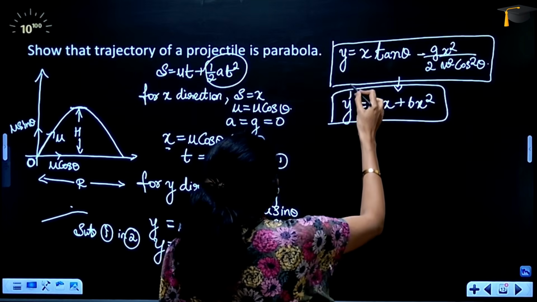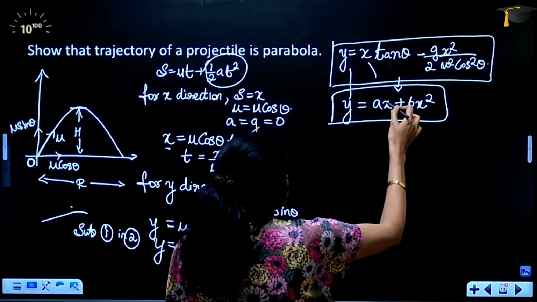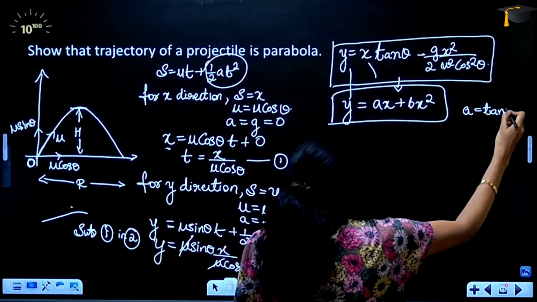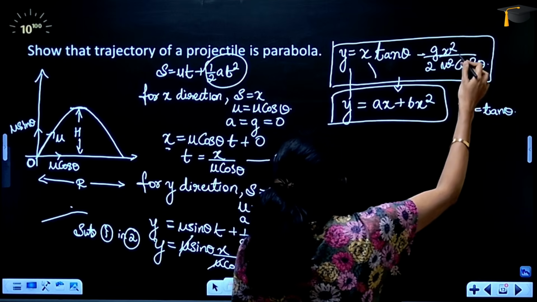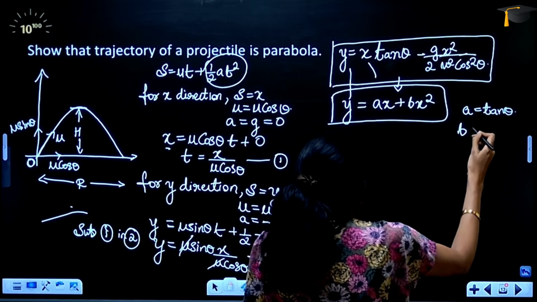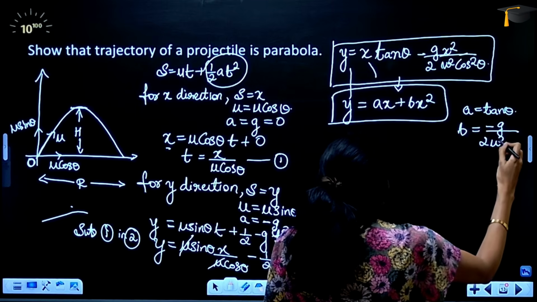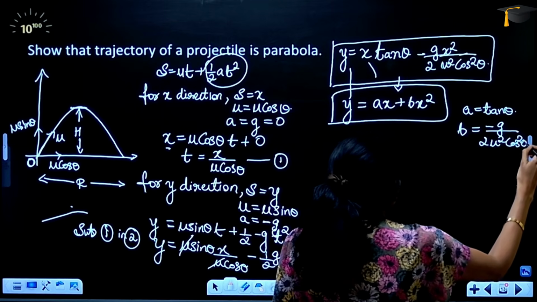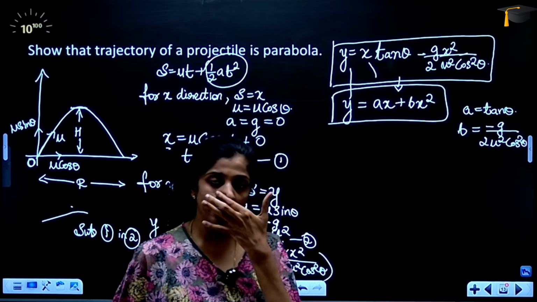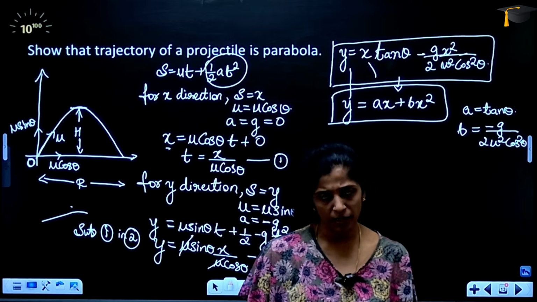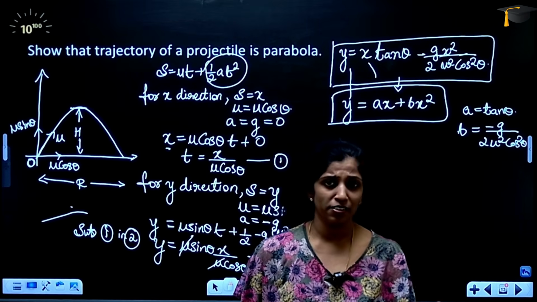Try to compare y with y. X is there, x is there. So what is a here? A will be equal to tan theta. Similarly, x square is there, therefore if I compare, I get b as minus g by 2 u square cos square theta. So that's the reason we say that the trajectory of projectile is a parabola. This is the expected 5-mark question, or they might ask you for a 3-mark also.